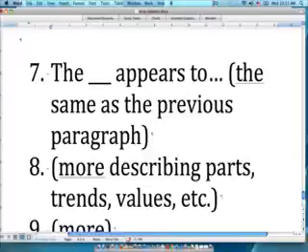So some ways that we could start this sentence are similar to the ways that we could have started the sentence in the first paragraph describing the diagram. So we have the appears to, and I've just put here the same as the previous paragraph, the sentence structures are the same.